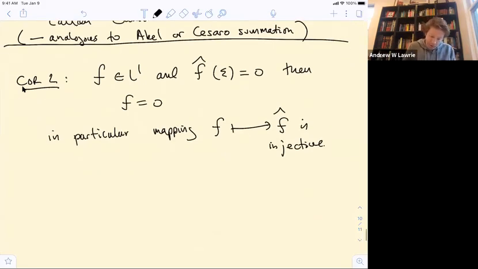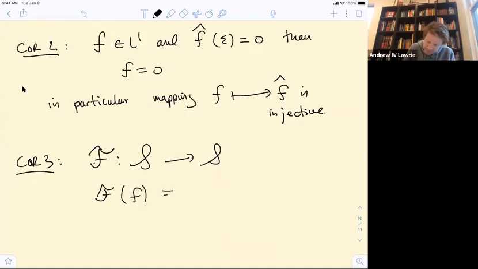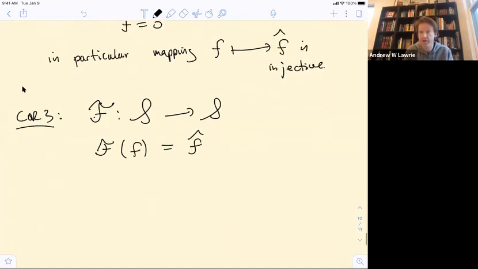And corollary 3 is surjectivity of the Fourier transform on the Schwartz space. So if I define script F as a mapping from the Schwartz space to the Schwartz space, where script F of f is equal to f hat, it's just a mapping where my inputs are functions and my outputs are functions.